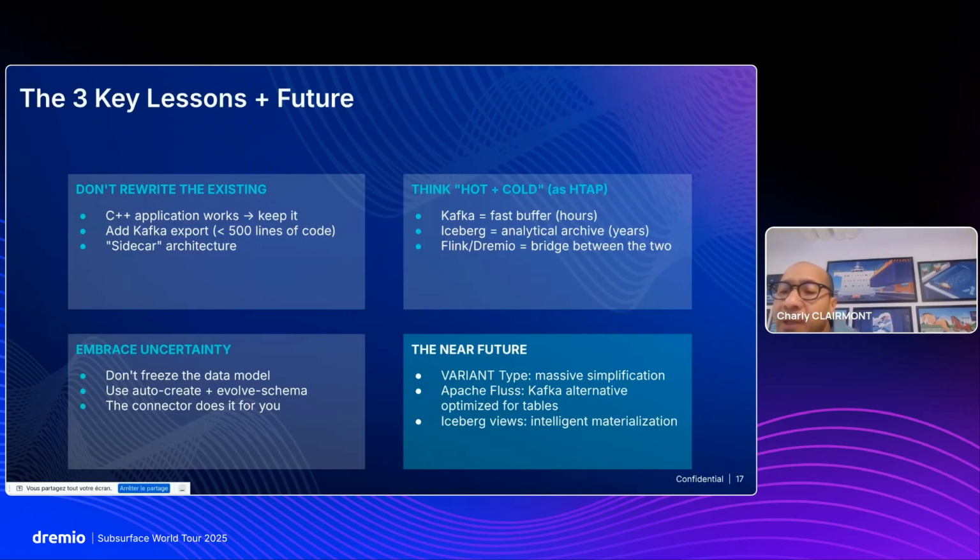Also, we can manage Kafka as a fast buffer, and we can keep an analytical archive in Iceberg format, and Iceberg also allows us to manage so many columns, also with a nested format.